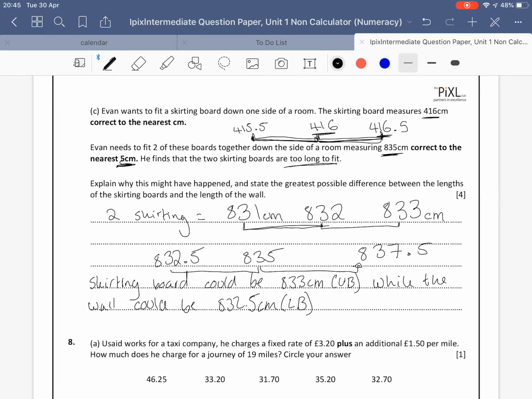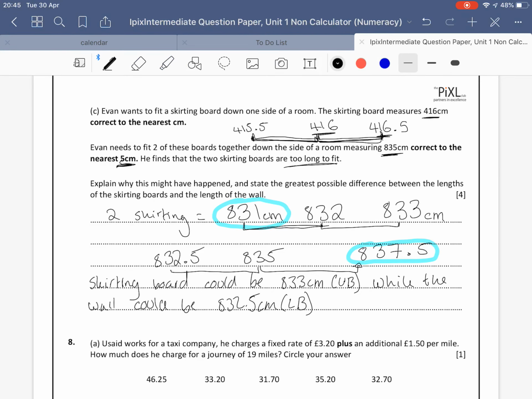State the greatest possible distance between the length of the skirting board and the length of the wall. So the greatest distance is going to be if the wall was at its maximum and the skirting board is at its minimum. I just want the difference between those numbers.